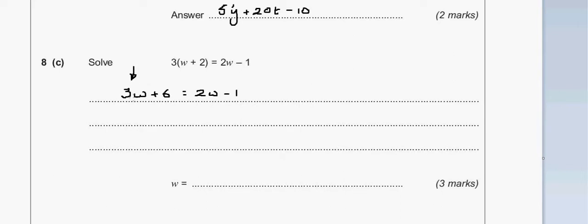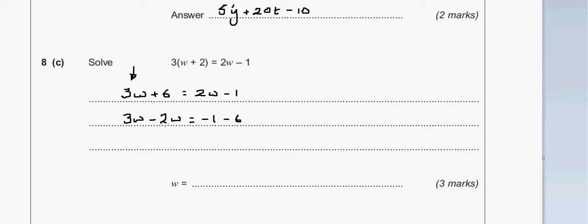Now my biggest value of w is here. So all w's are going to gravitate towards it, all numbers will go away. So 3w minus 2w, because anything that goes over the equal sign in any direction, the sign changes, equals minus 1, plus 6 comes over and becomes minus 6.